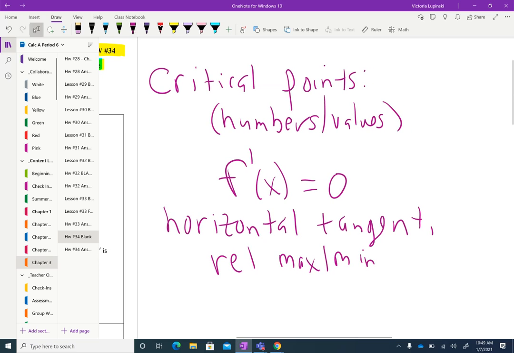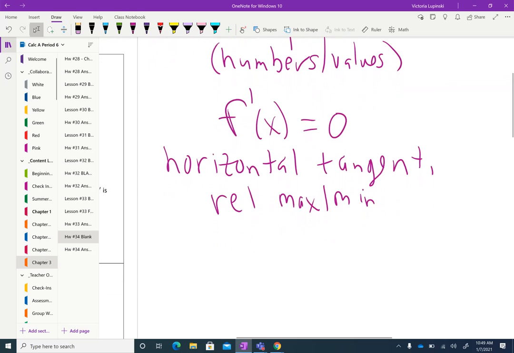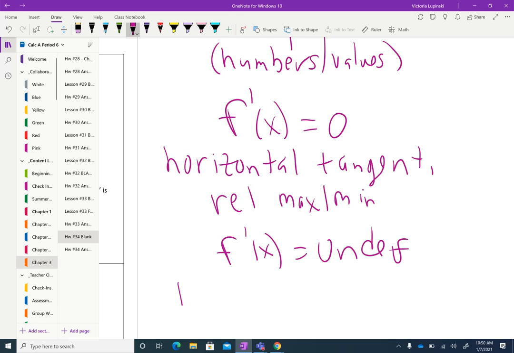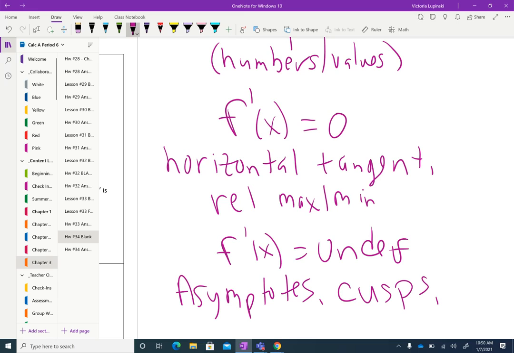Then remember, there's a second classification for critical values. Instead of saying where the first derivative is equal to 0, it's also where the first derivative is undefined. We've talked about the three places that it's undefined a lot, but now we have to make sure we can recognize them. The first place where the first derivative is undefined is at an asymptote. The second place is at a cusp.